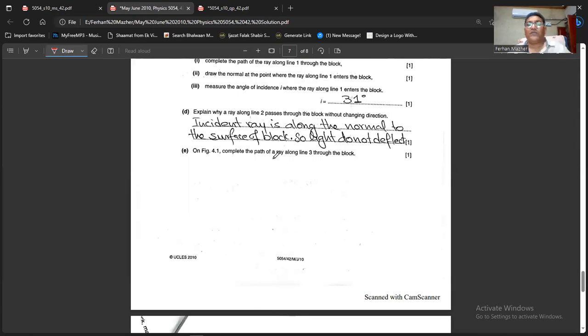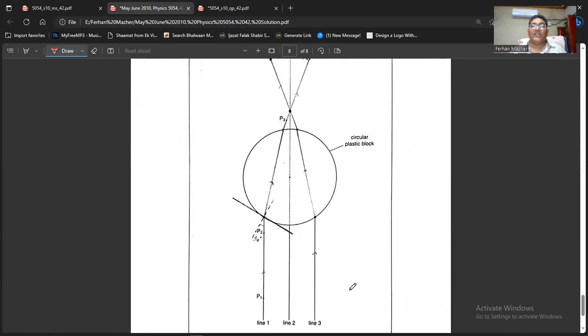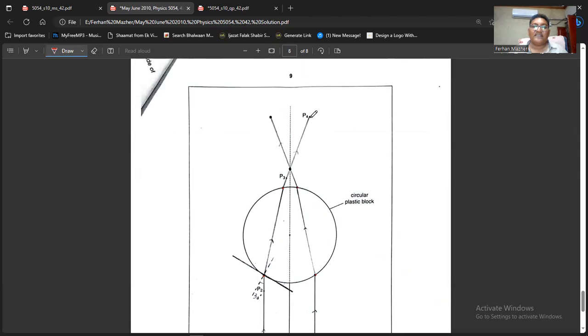On the figure 4.1, complete the path of the ray along the line 3. So line 3 is this. Check how much is this distance, same distance, put a dot here. And check how much is this distance, same distance, put a mark here. Join this, then join this point.